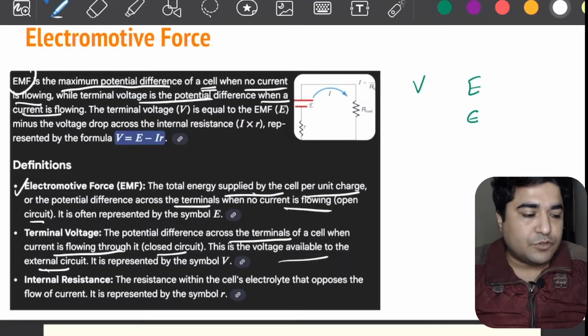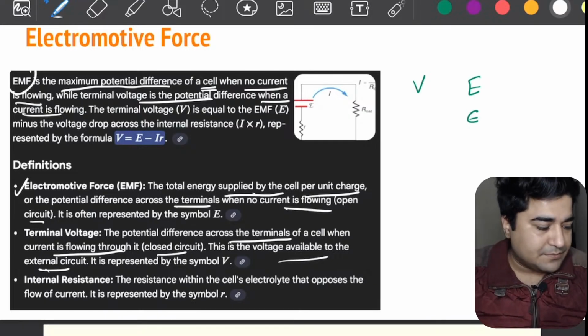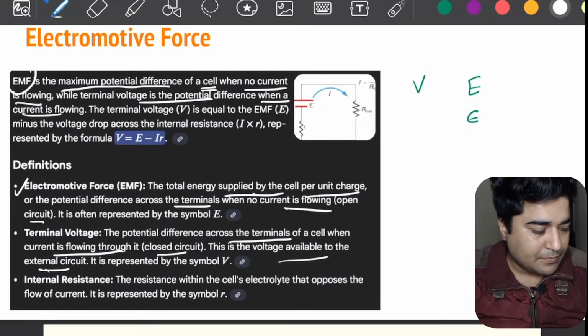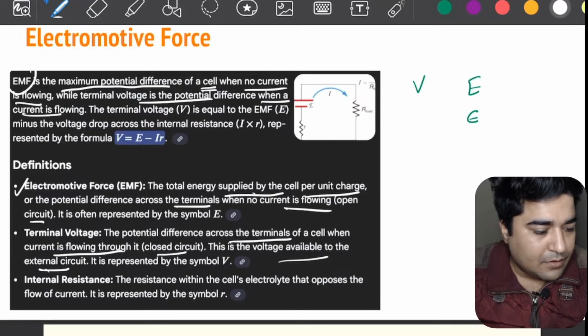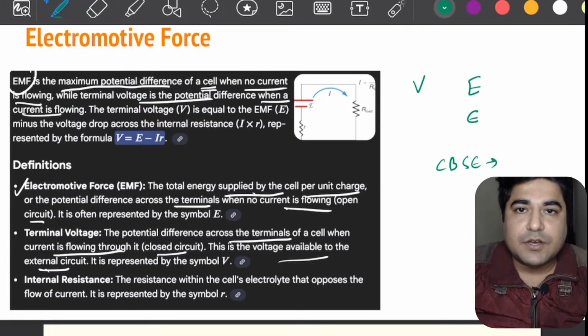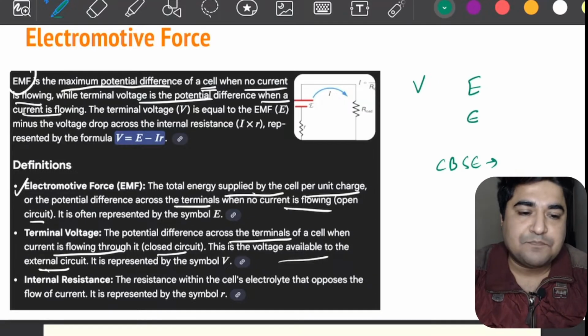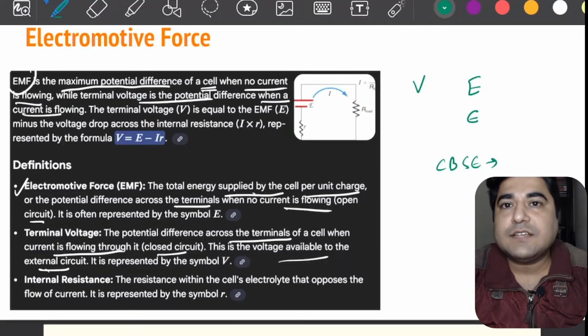Actually, from the CBSE point of view, what most CBSE students learn in class 9th and 10th is more related to the terminal voltage, especially in class 10th, because in class 10th we are not targeting electromotive force.